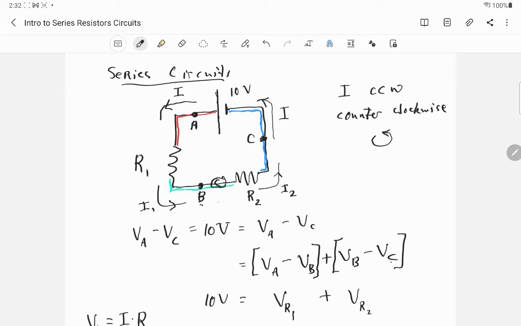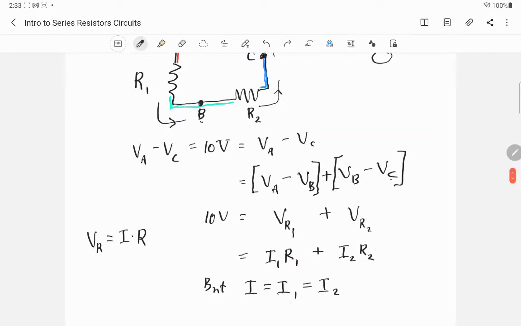Circuits don't let that happen. What circuits force to happen is that if the current only has one path around, then the current everywhere along the path has to have the same value. Or else you get stuttered current, which is okay. Like stuttering current is physical. But we're not going to have that.